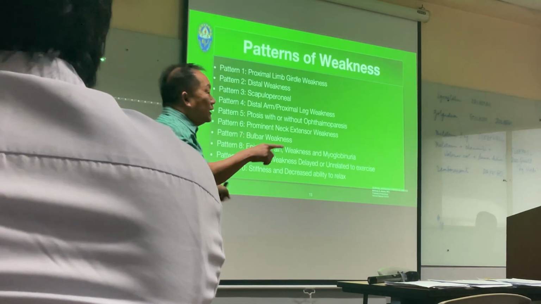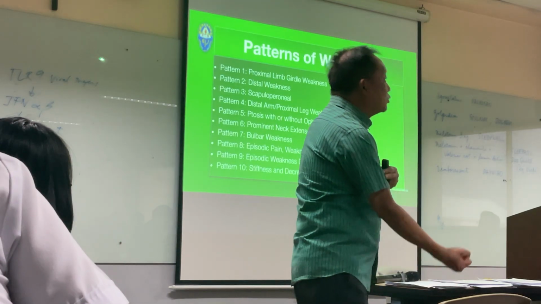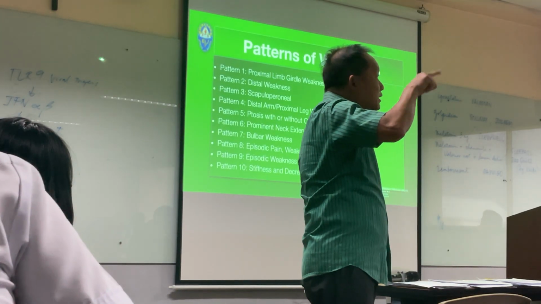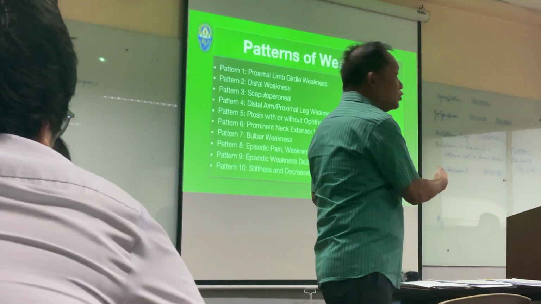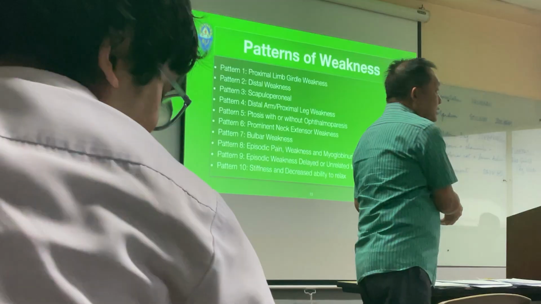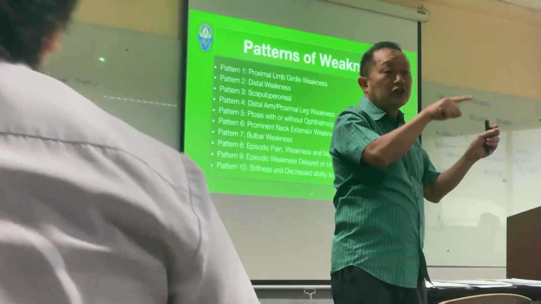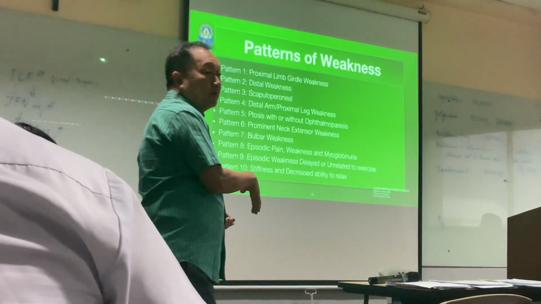I'm trying to compare that with what they call recruitment pattern. You ask the patient to contract, mahina nga. But when you look at the EMG, all muscles are actually contracting. Compared to neuronopathy, ALS, only the few muscles are contracting. Clear? Kaya poor ang recruitment pattern.